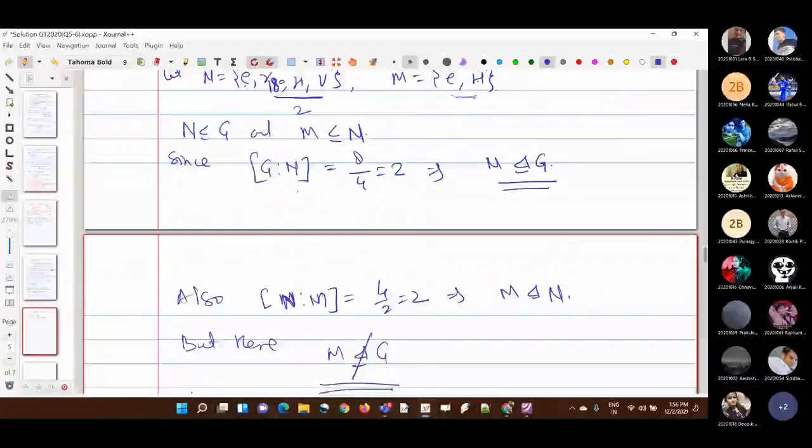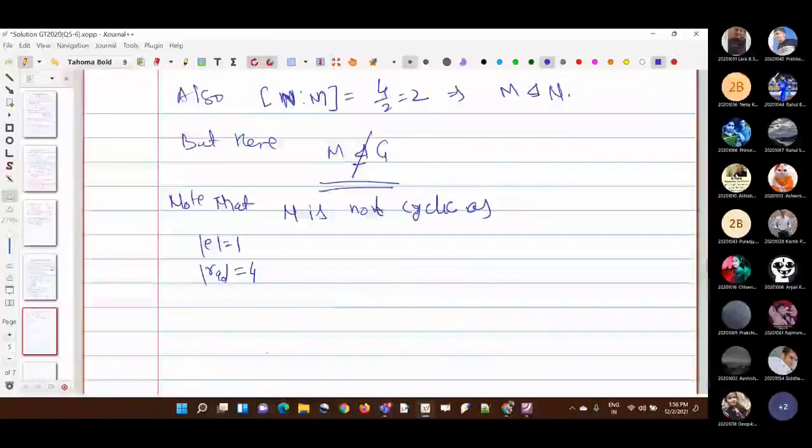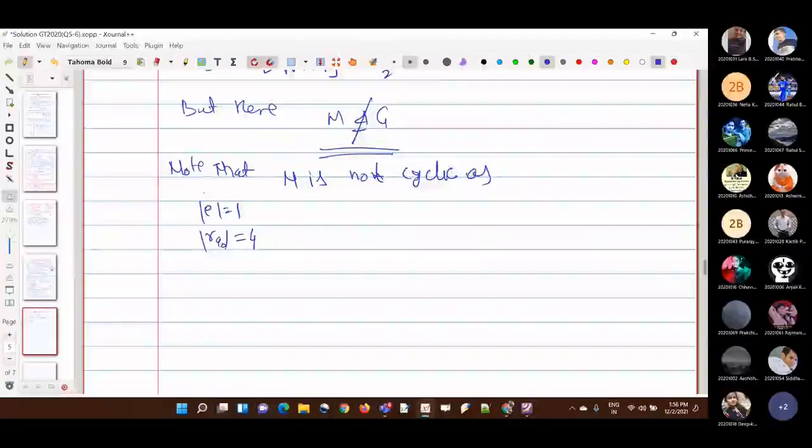It should be R180 because in that case it becomes self-inverse. So please note it down. Otherwise, there will be an element of order 4. And if you keep R90, then it will not be a group.